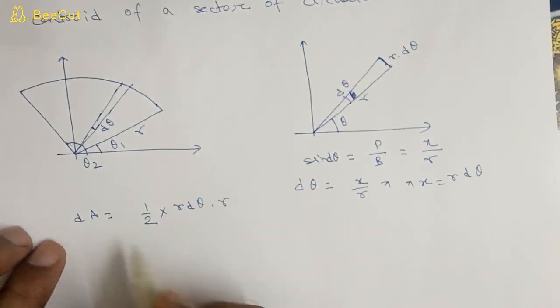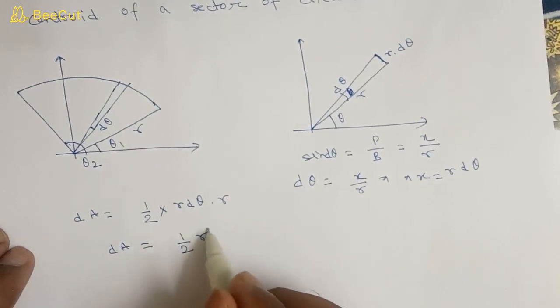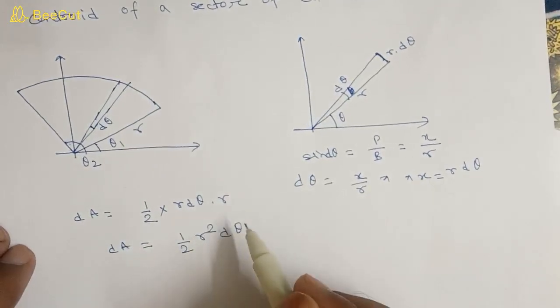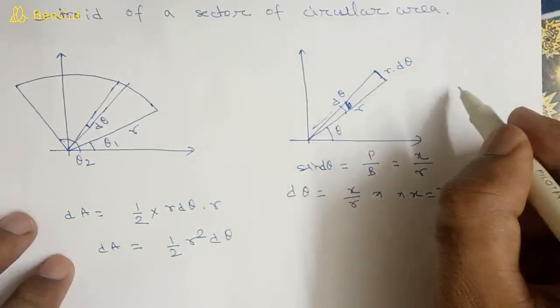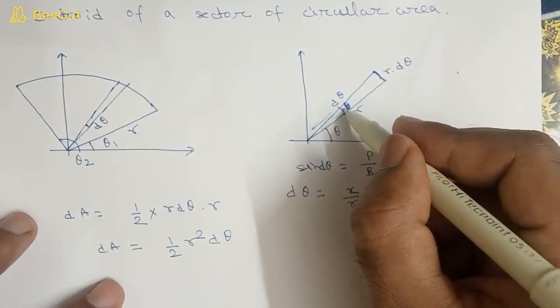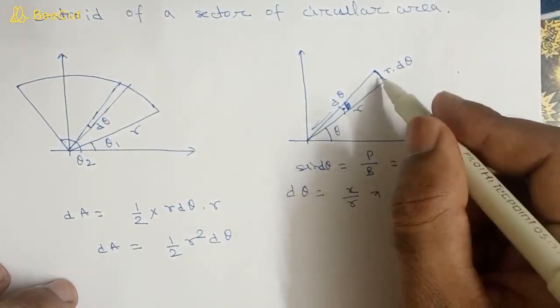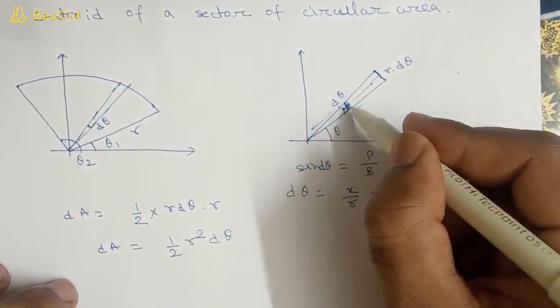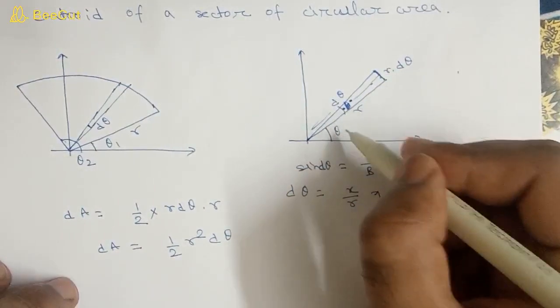So this dA will be half r square d theta. Now what will be the centroid of this portion? This is a triangle, and in case of a triangle, the centroid is located at r by 3 distance from here, and this is 2r by 3. So centroid from the origin will be 2r by 3.